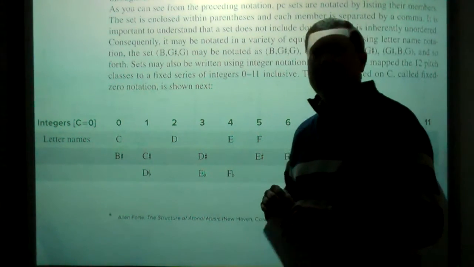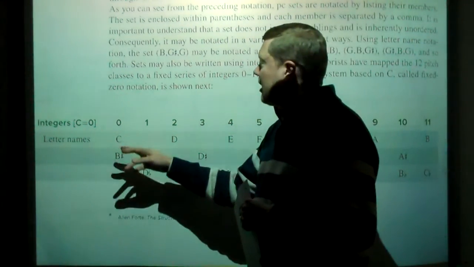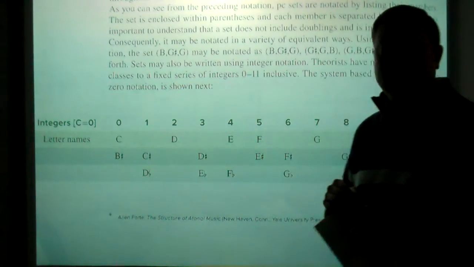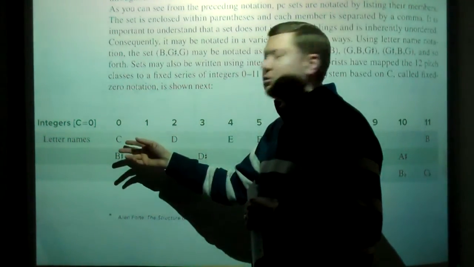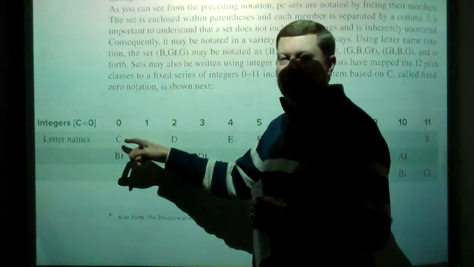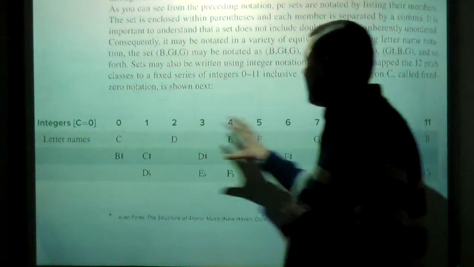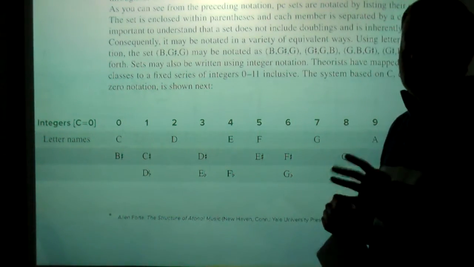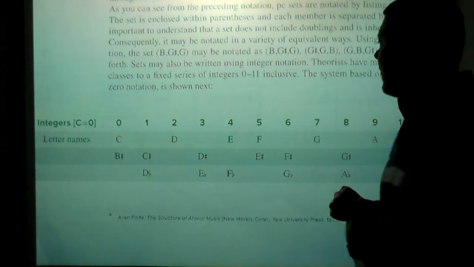And now we maybe can understand a little bit more why C and B sharp, no matter what octave they're in and no matter how they're enharmonically spelled, will all belong to one and the same pitch class. Because we are using the properties of octave equivalence and enharmonic equivalence to get the 12 pitch classes. We can reduce all the notes that are on a piano keyboard, for instance, down to just 12 pitch classes.